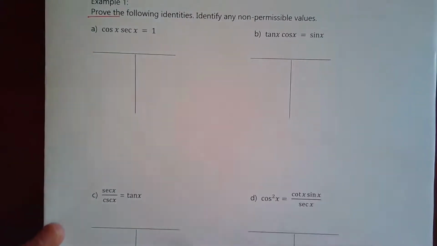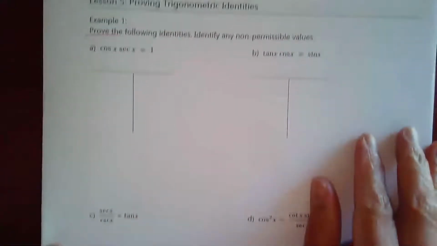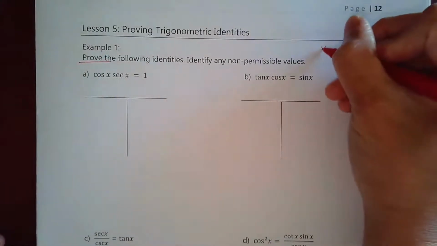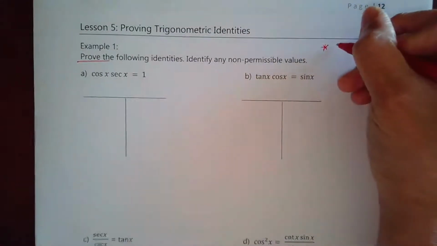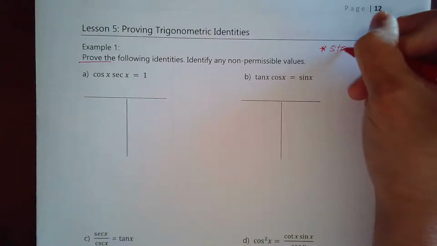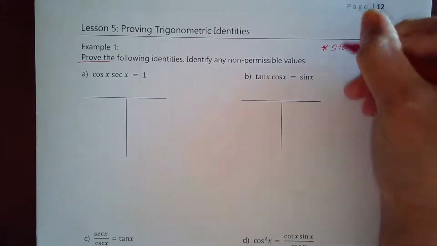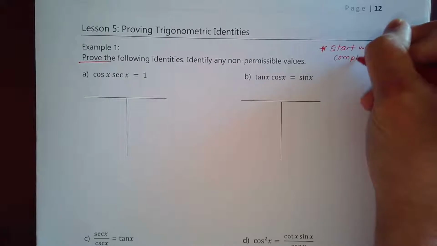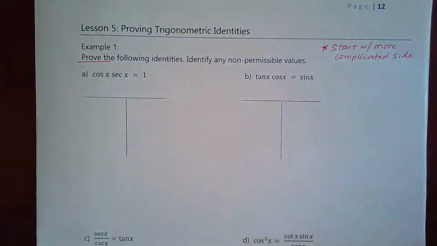When we're proving an identity, usually what I do is start with the more complicated side.